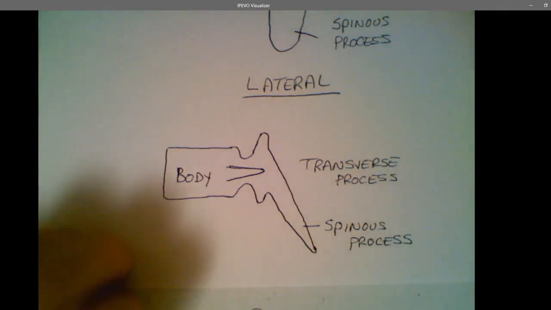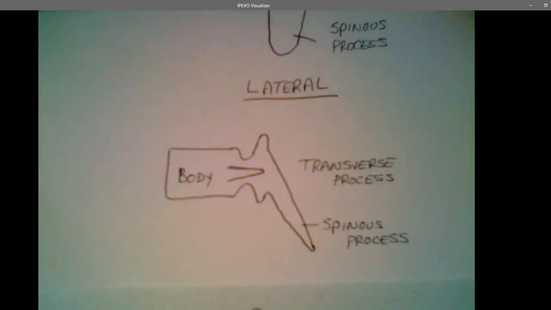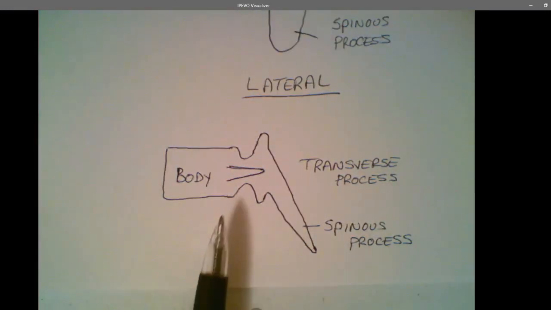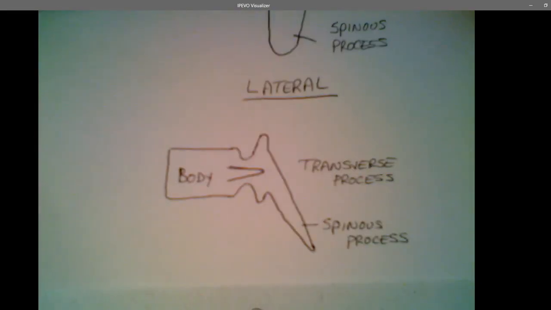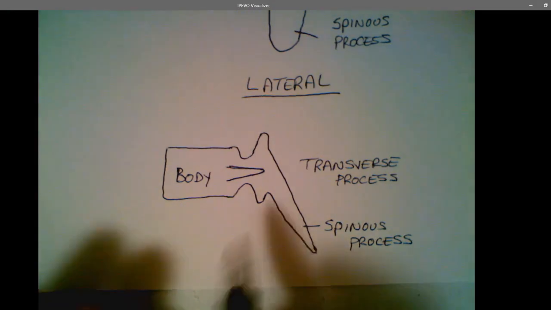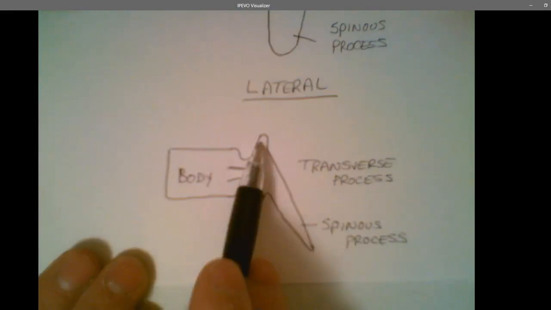All right. Now you can't see the vertebral or spinal foramen because it's going through the vertebrae, but you can see these facets. So these little bumps are called facets.